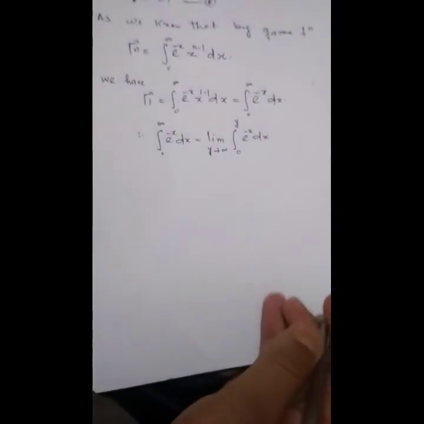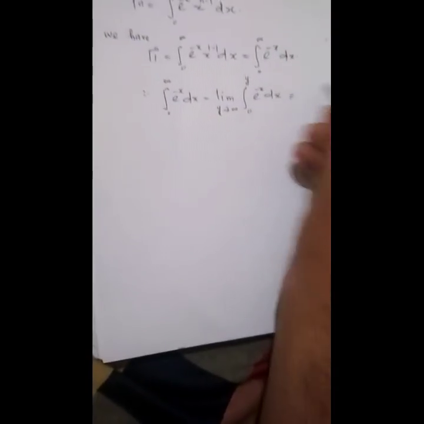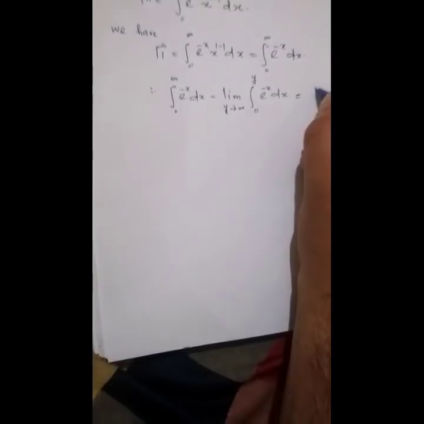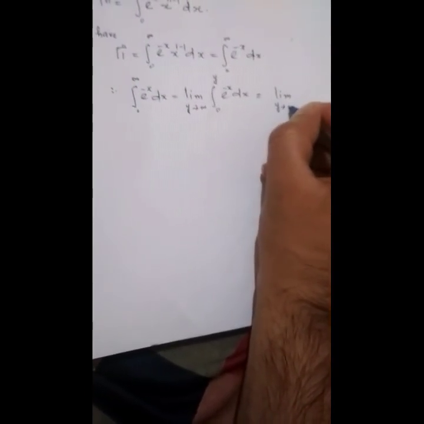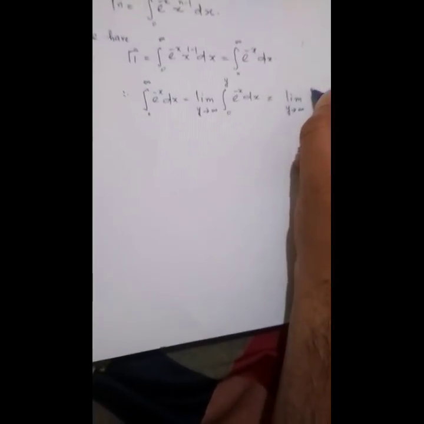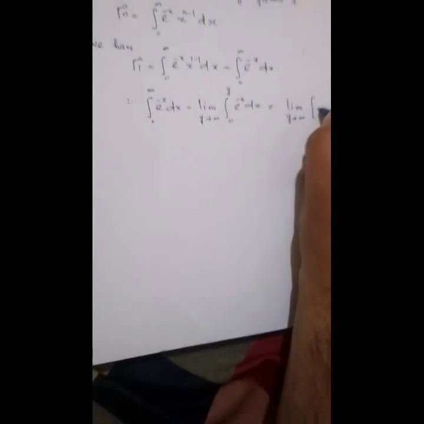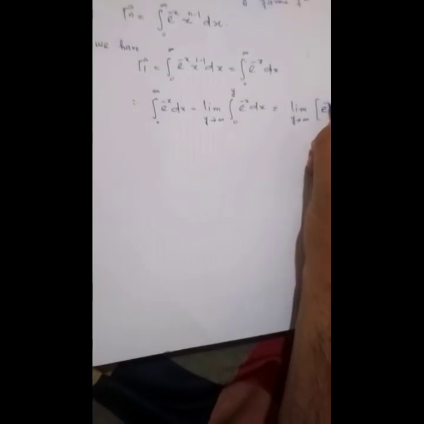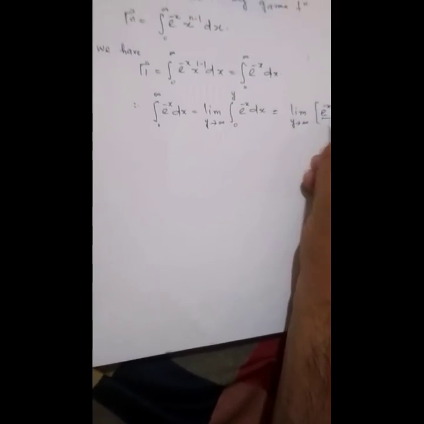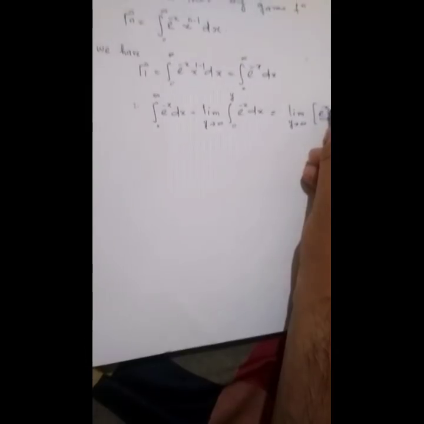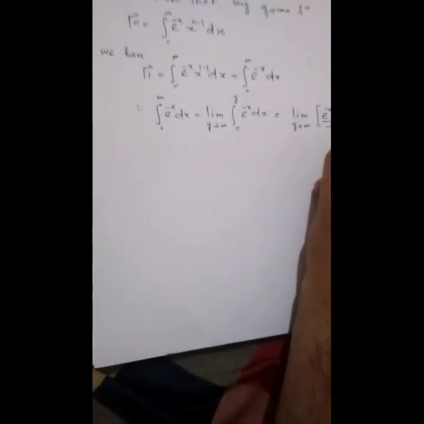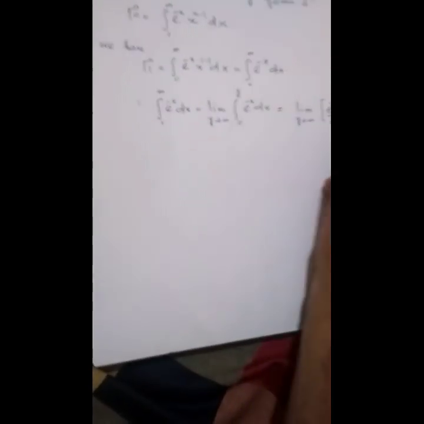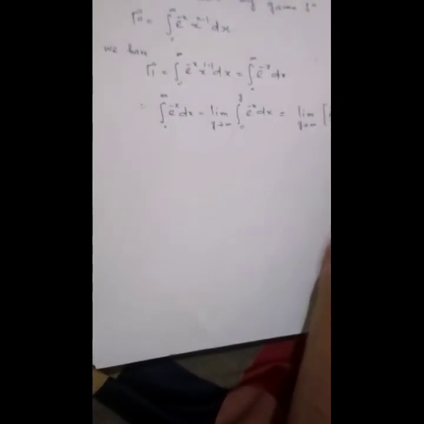So this integral is equal to the limit y tends to infinity. After integrating this function, we get e raised to power minus x, divided by the derivative of minus x, which is minus 1 with respect to x, because we have dx here, and the limits of this integral are from 0 to y.